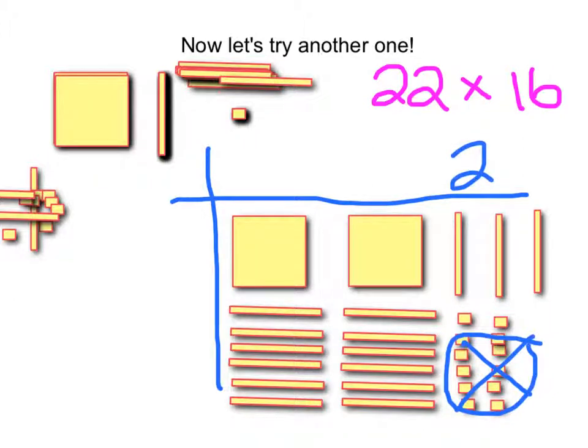So I'm going to write that up here. Then I'm going to go and count my 10s. So up here I have 10, 20, 30. And then I have 40, 50, 60, 70, 80, 90, 100. And we know what we need to do with 100. Again, we'll circle.